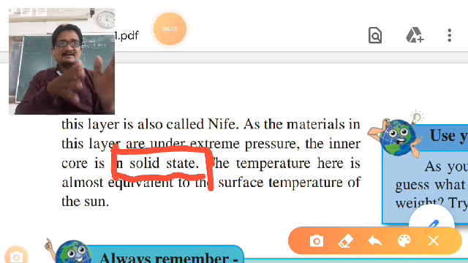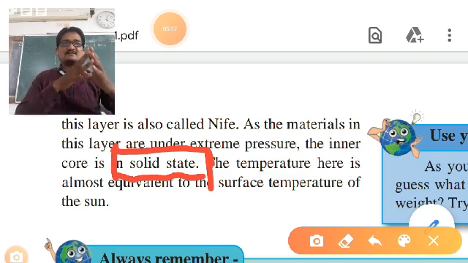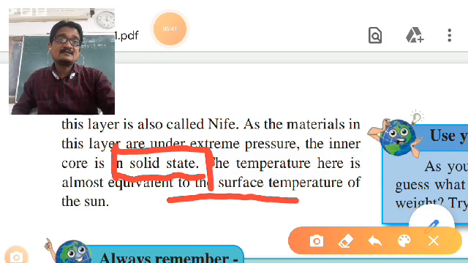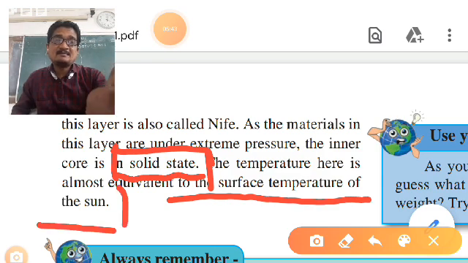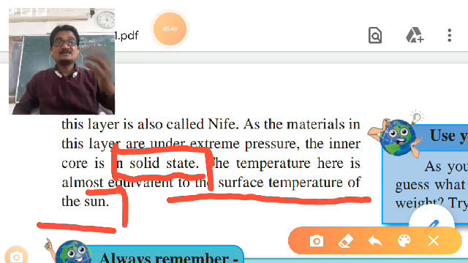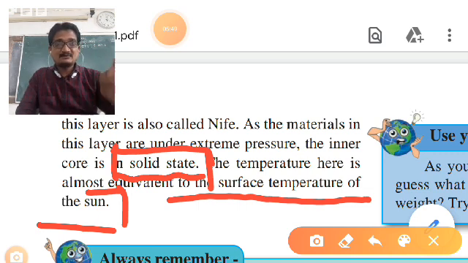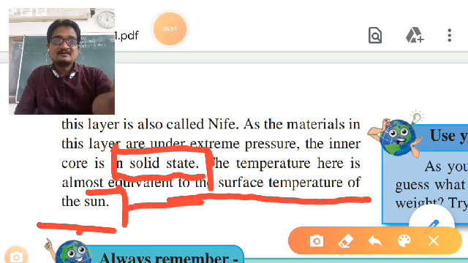The temperature here is almost equivalent to the surface temperature of the sun. See, the temperature of the inner core is extremely hot, it compares with the temperature of the sun. Note down this point properly.